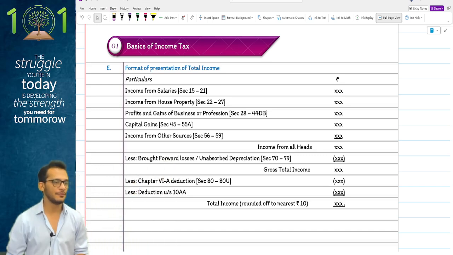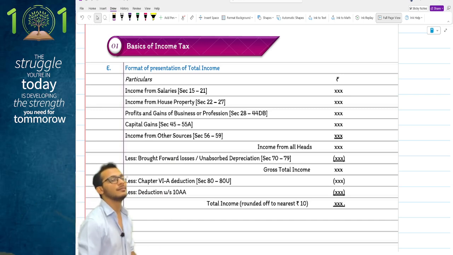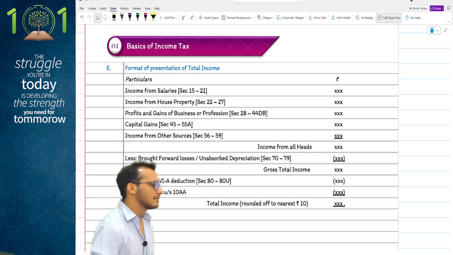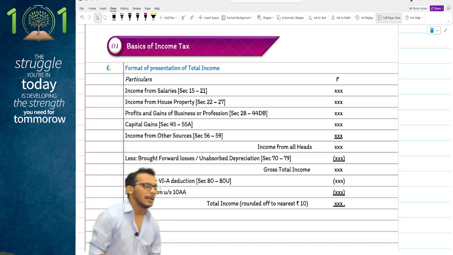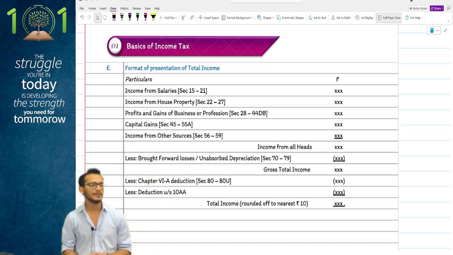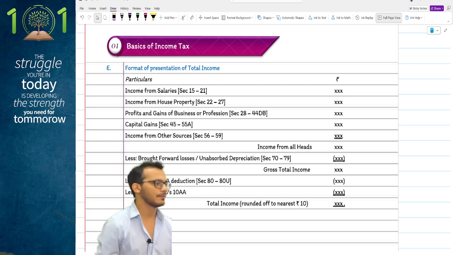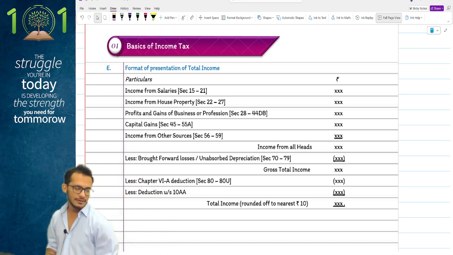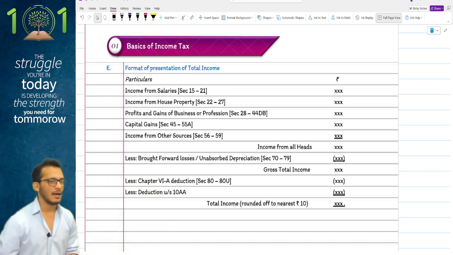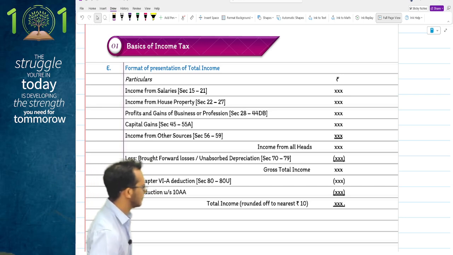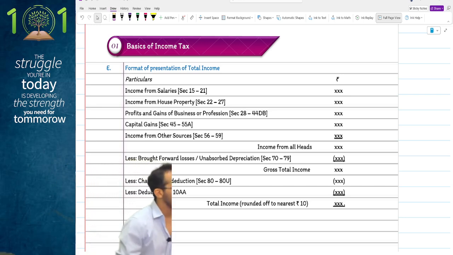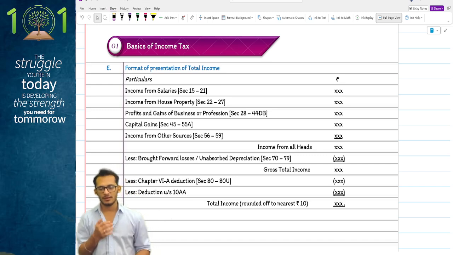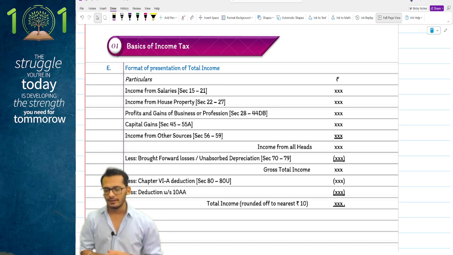Step number 5. Provide deductions / exemptions under the respective head.